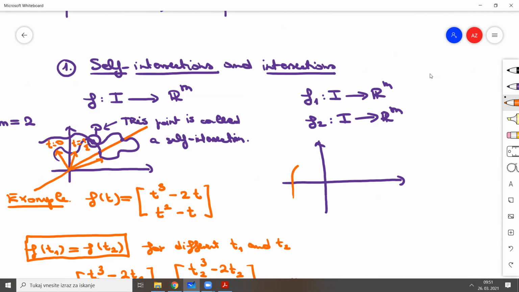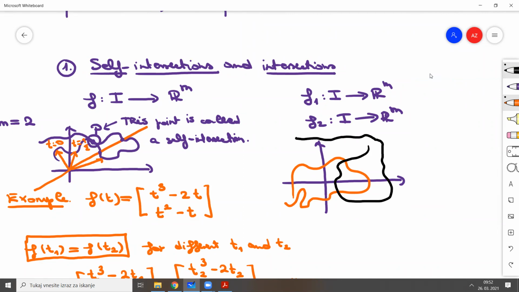For example, this is the sketch of the first curve, and this is the sketch of the second. And we would like to determine those points of intersection.